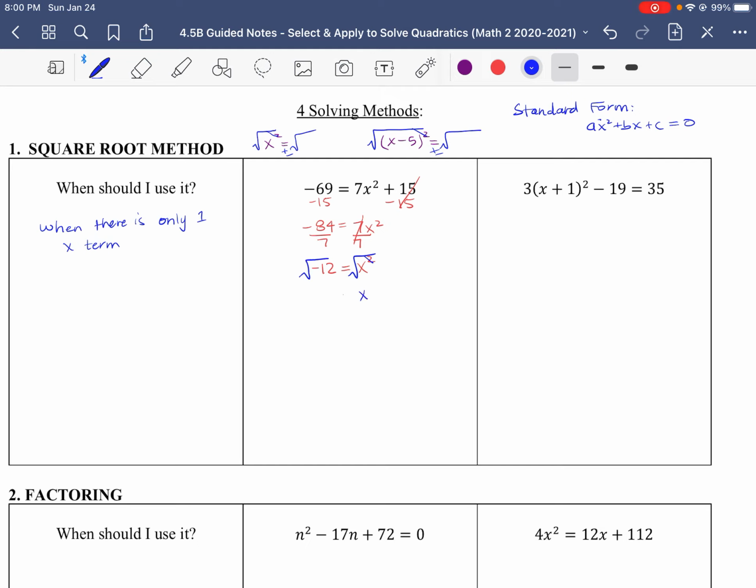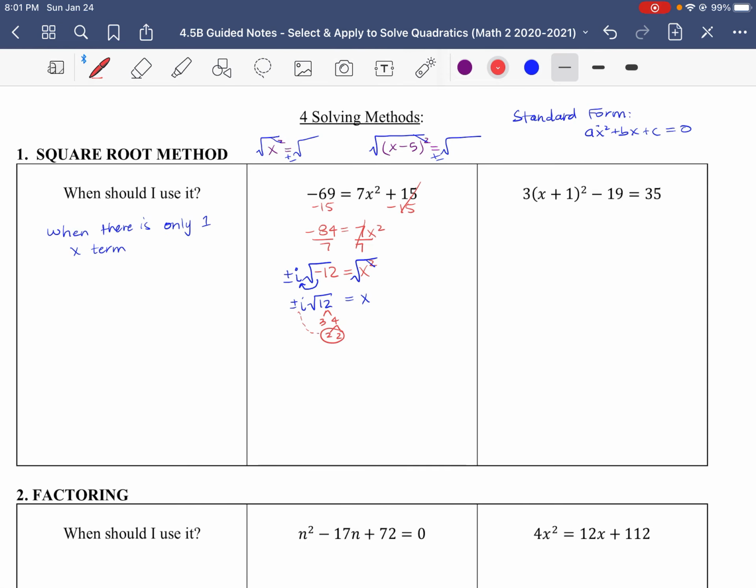This leaves x on its own, and remember when you square root both sides, that plus or minus comes into play. Then we simplify the radical if we can. This negative is going to come out and be represented with an i. So this is going to be something like plus or minus i square root 12, but then 12 itself will also break down. We break this down to 3 times 4, and 4 breaks down to 2 and 2, so we have a group of 2s.